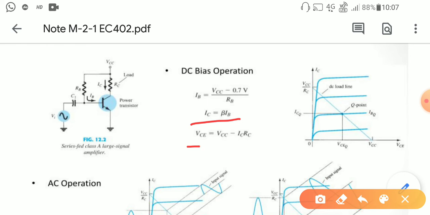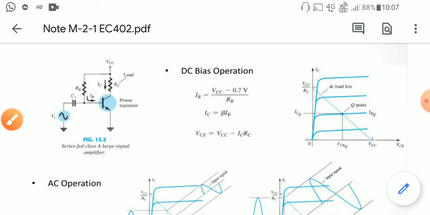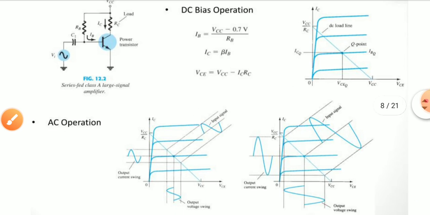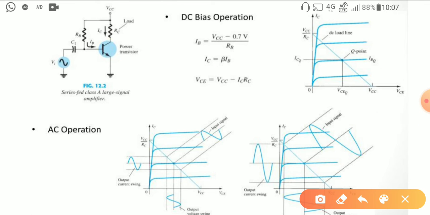Same way for VCE, this is VCC minus IC RB. Look carefully at the notation: VCE will be maximum when IC is 0. When IC is equal to 0, VCE is equal to VCC minus 0, and that is the maximum value.